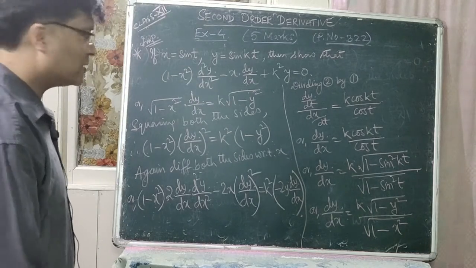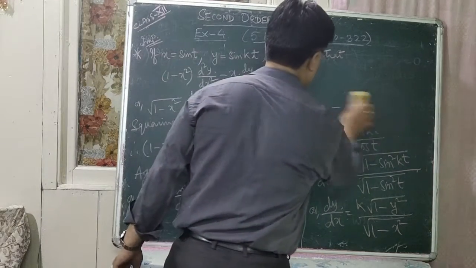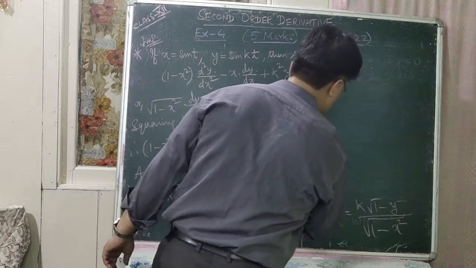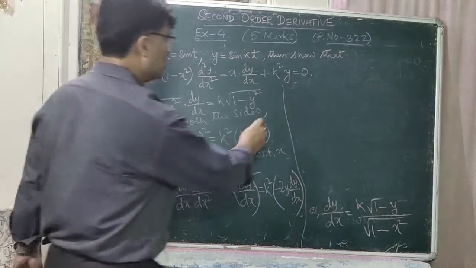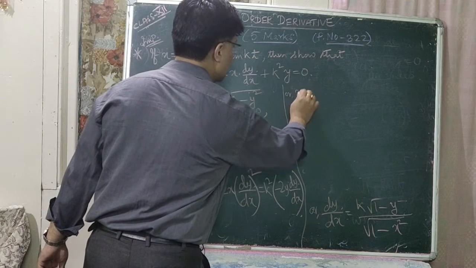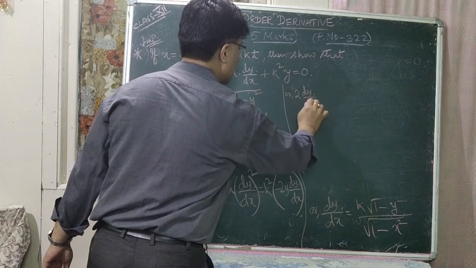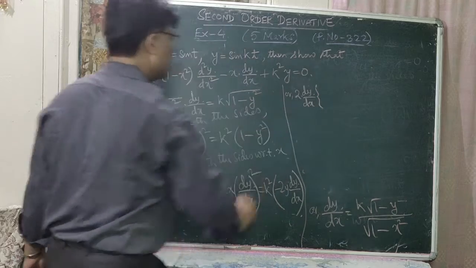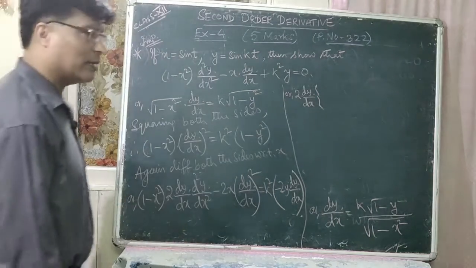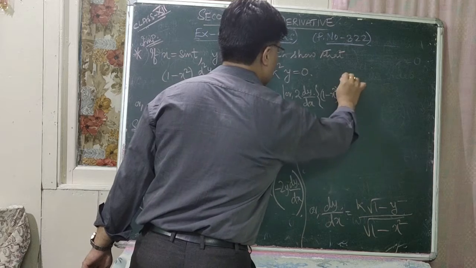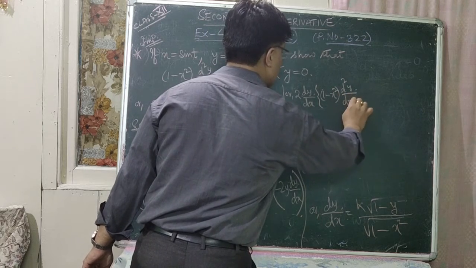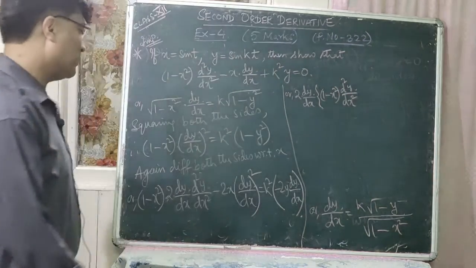Now let's simplify it. Now on the left hand side you can take common here. So you can take common from the left hand side. What is common from the left hand side? It is 2 into dy by dx. So within second bracket, what do we get? 1 minus x square into d2y by dx square.